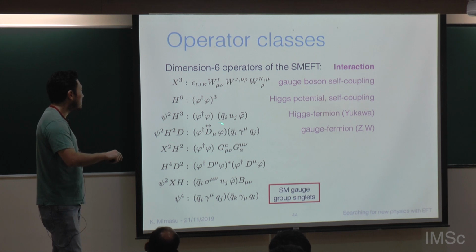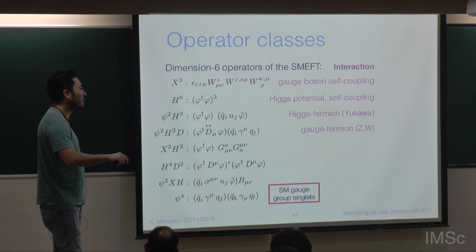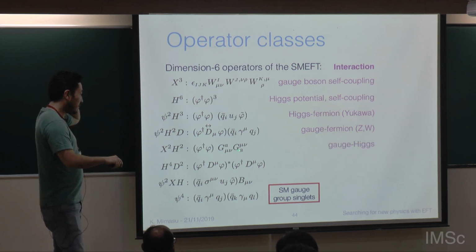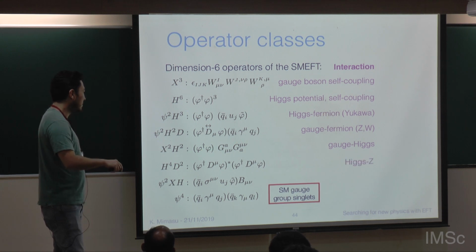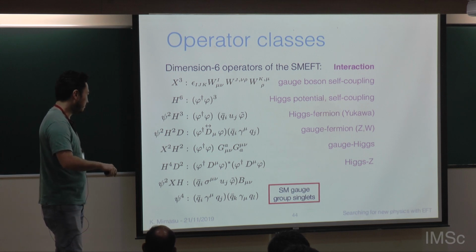These current operators here, they look a bit funny. They're combinations of currents of SU2 or SU3 gauge currents, and indeed it turns out that they affect things like the gauge fermion interactions. Here you see Higgs and gauge fields, so that's going to be gauge Higgs. This one turns out to affect the Higgs Z interaction.